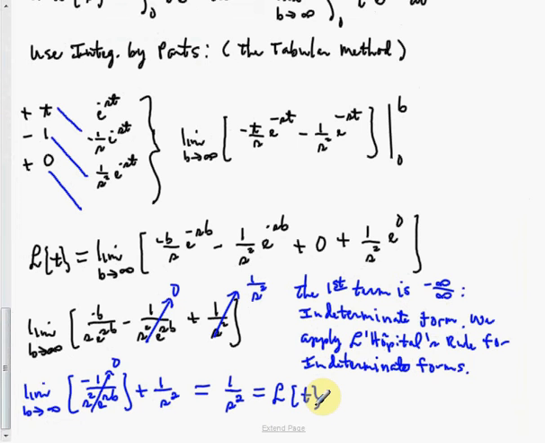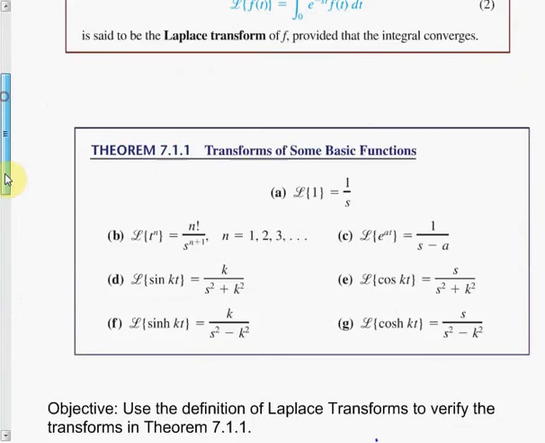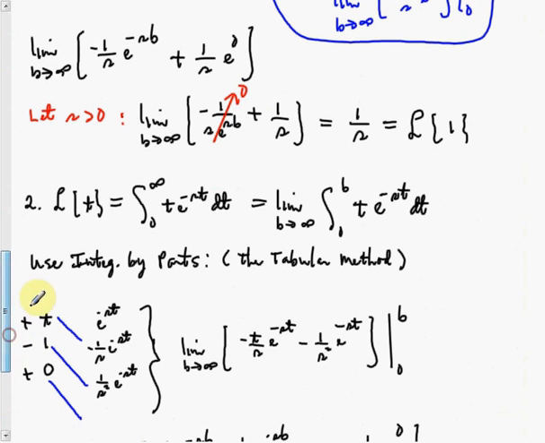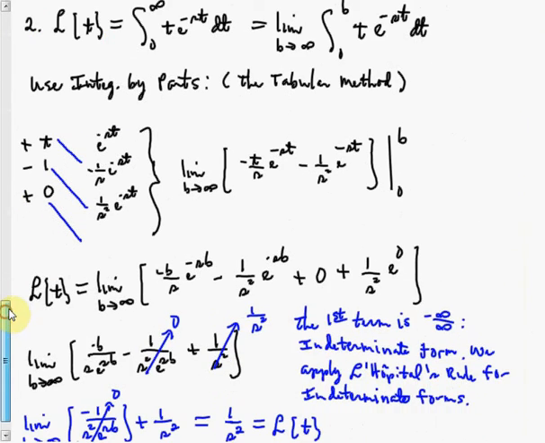I'm going to do the next one. I'm going to look at the Laplace transform of t squared. Then I'm going to look at the Laplace transform of t to the third power. See if you see the pattern. If you see the pattern, then we can make a theory out of it, get a formula. All right? So again, just remember, we looked at the Laplace transform of t, and we got 1 over s squared.